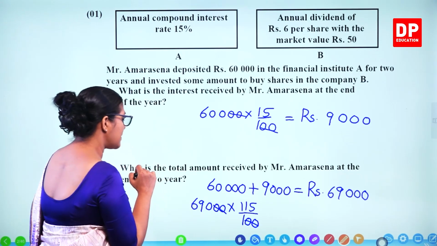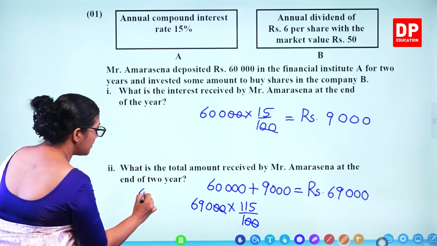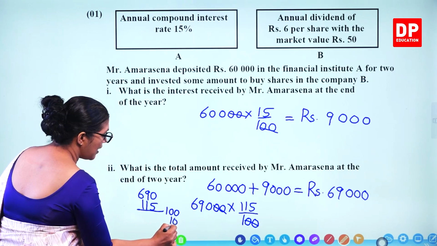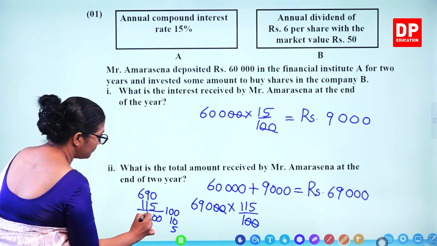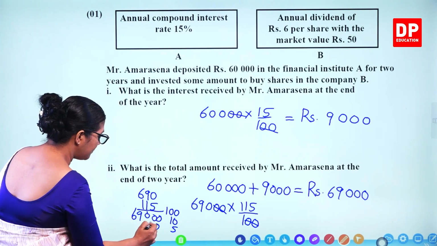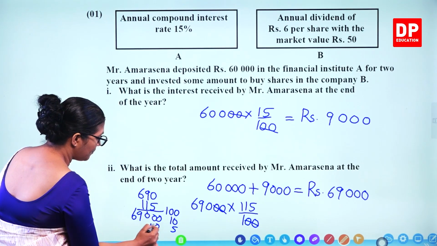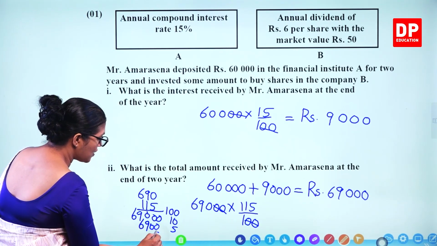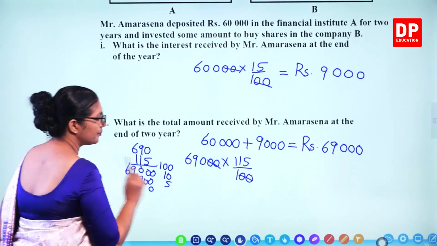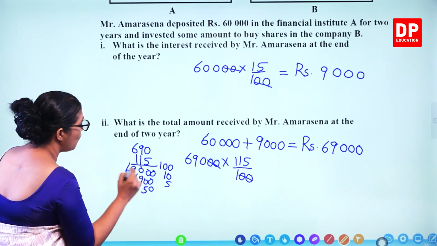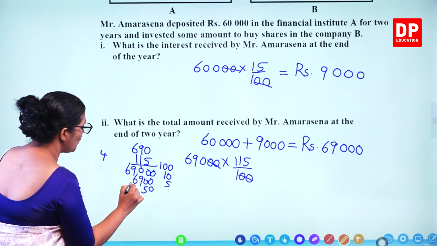So 2 zeros get cancelled out. 690 multiplied by 115. 100, 10 and 5. So multiply by 0, you get another 0 here. And 9, 6. And here 5 times 0, 0. 5 times 9, 45. 4 remaining. 5 times 6, 30 plus 4, 34.